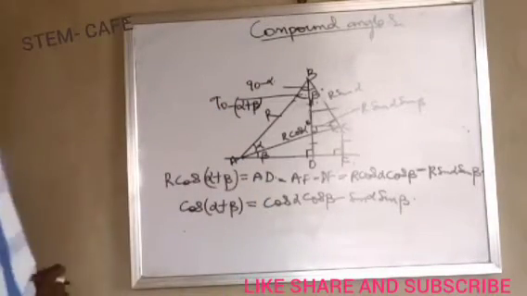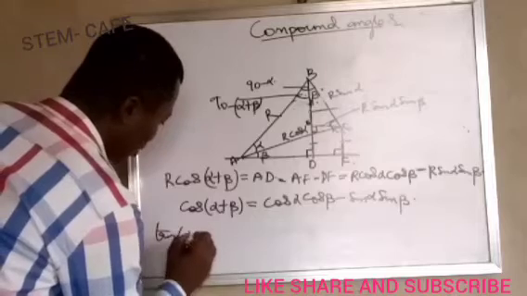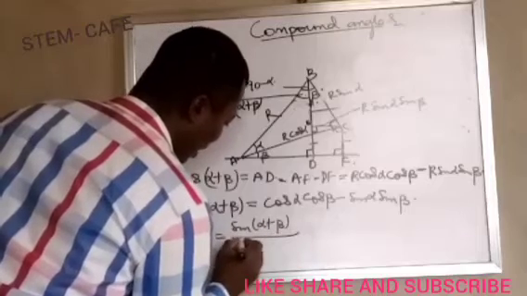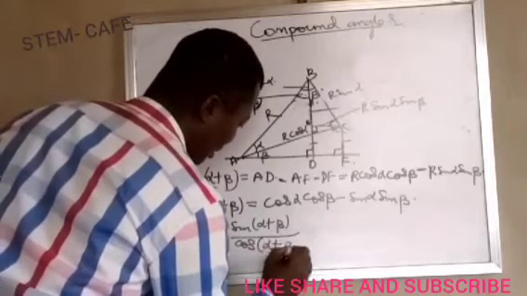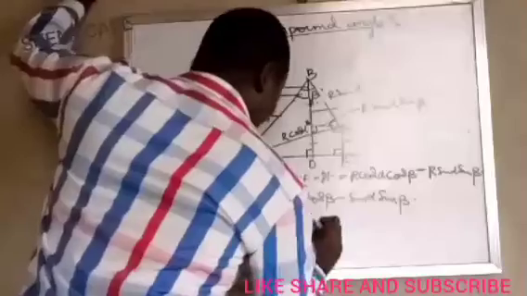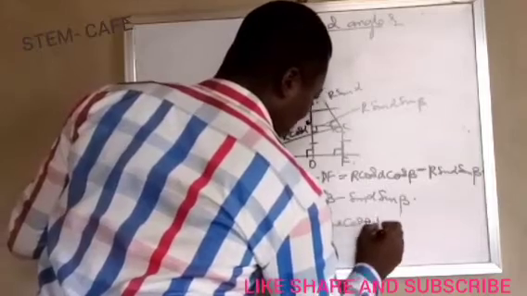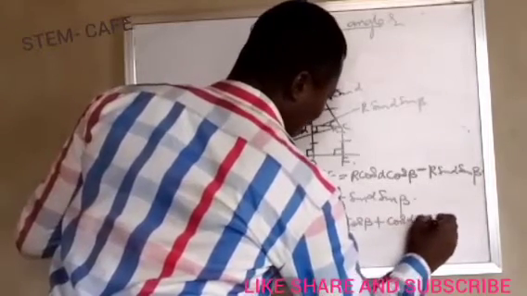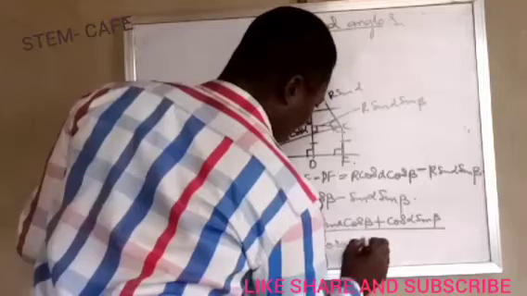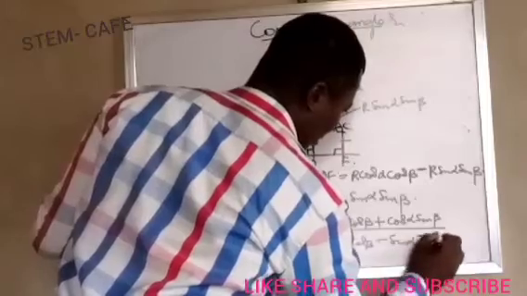Now, for tangents, we know that tan (alpha plus beta) will be equal to sine (alpha plus beta) over cos (alpha plus beta). So, sine (alpha plus beta) is sine alpha cos beta plus cos alpha sine beta over cos alpha cos beta minus sine alpha sine beta.